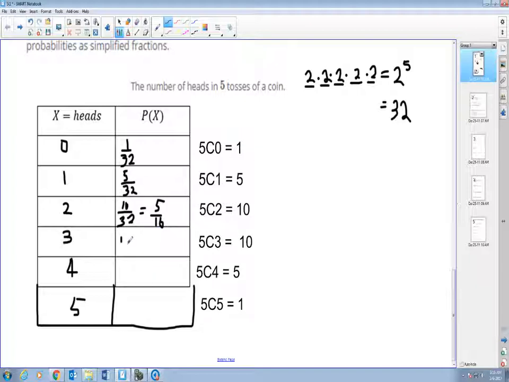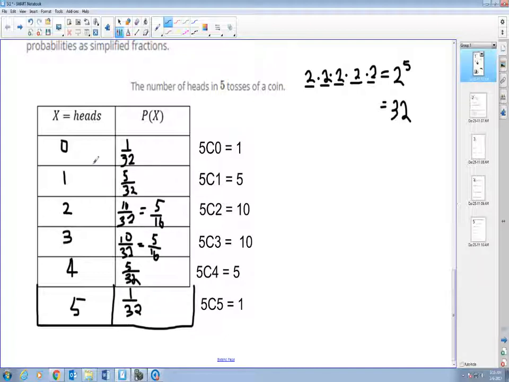The next one is the same thing, 10 out of 32, which is 5 over 16, 10 ways out of 32 possible outcomes. And 4 heads is 5 ways out of 32. And 1 out of 32.